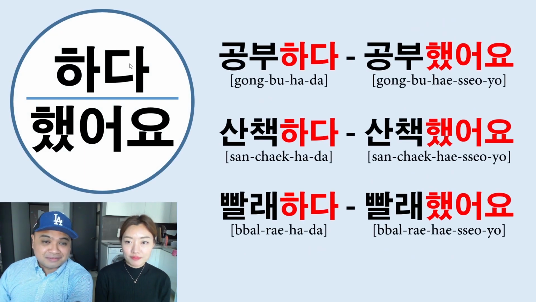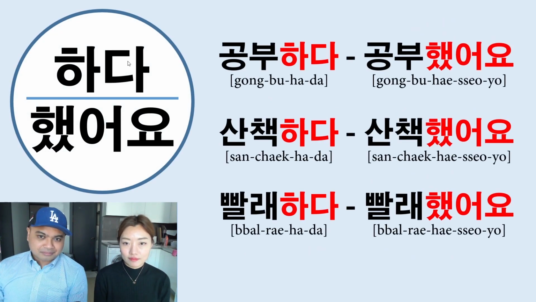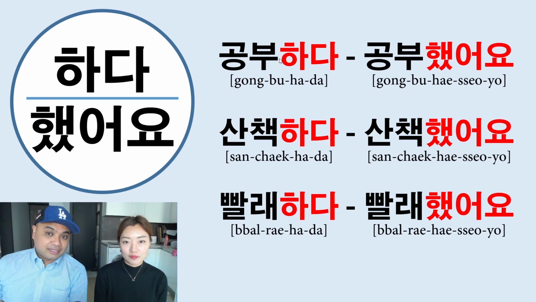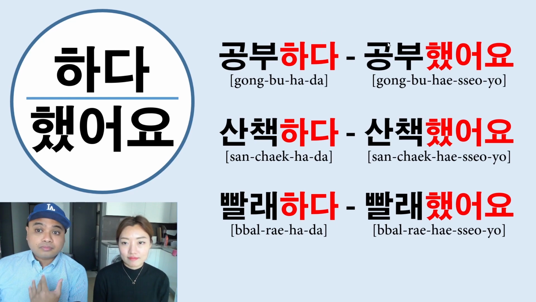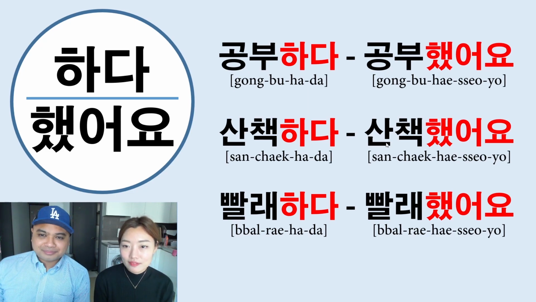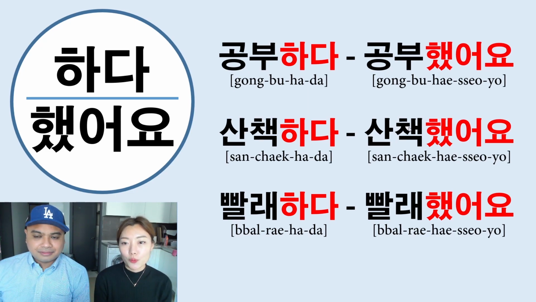And then one more, and it's my favorite one because it's so easy. 하다. All 하다 verbs end with 했어요. So 공부하다, to study: 공부했어요. 산책하다 means to go for a walk. 산책했어요.